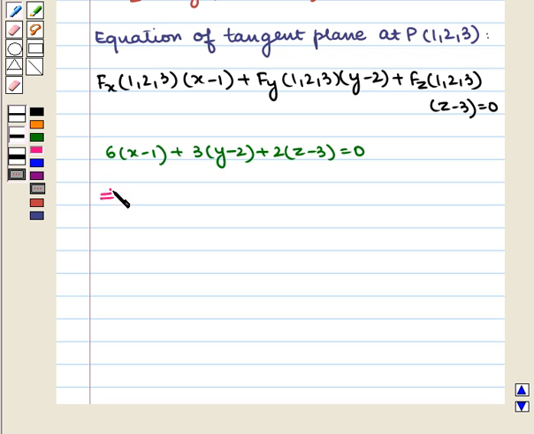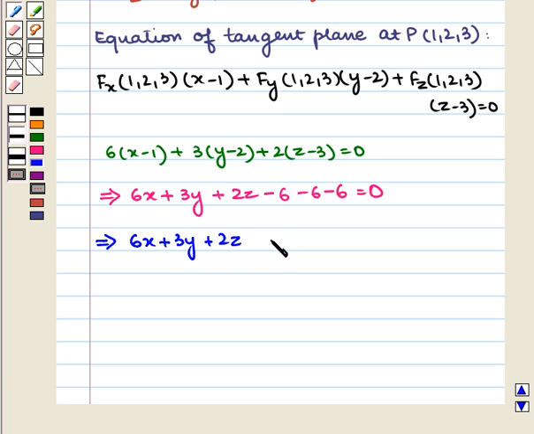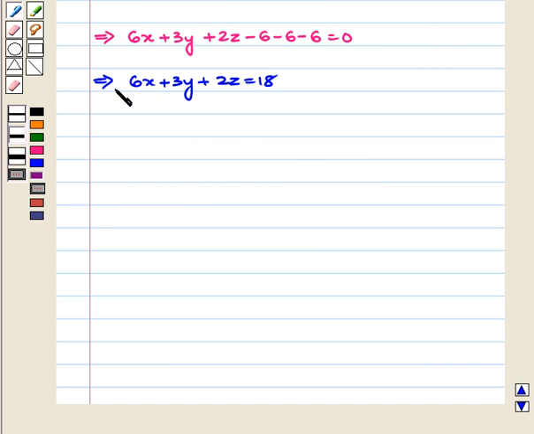This implies 6x plus 3y plus 2z minus 6 minus 6 minus 6 equal to 0, which implies 6x plus 3y plus 2z is equal to 18, which is the required equation of the tangent plane at P.